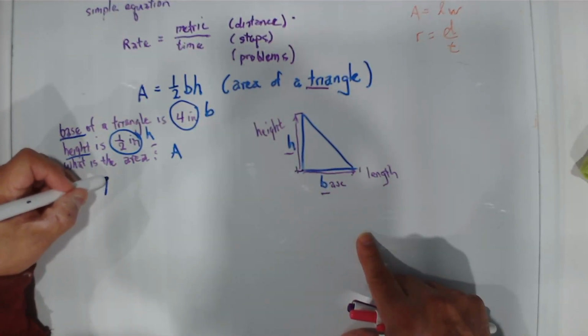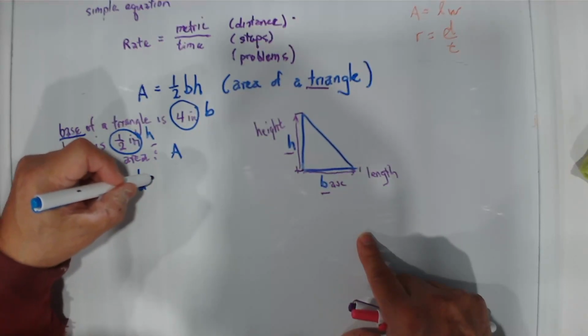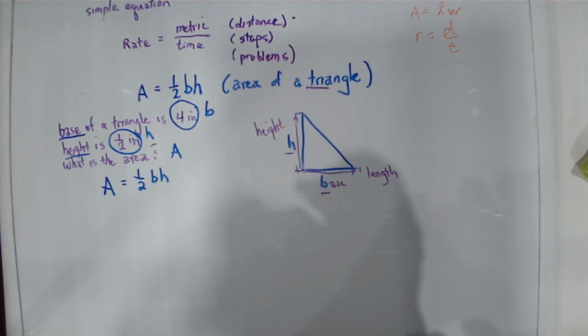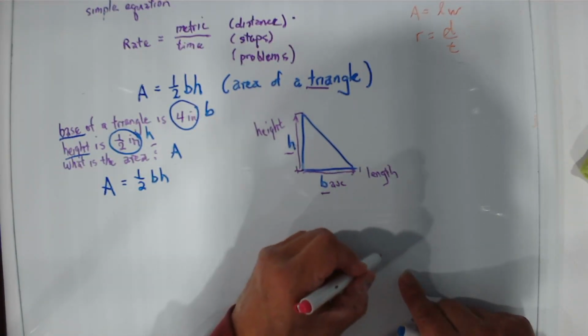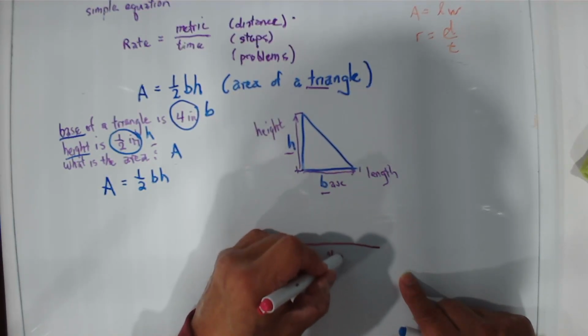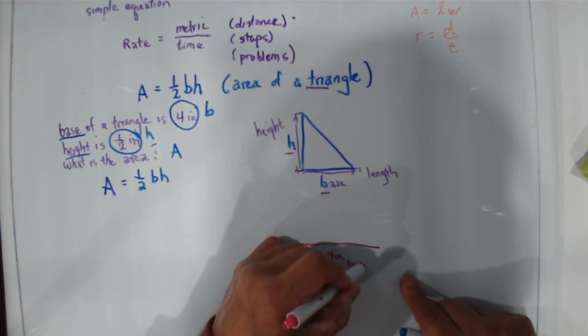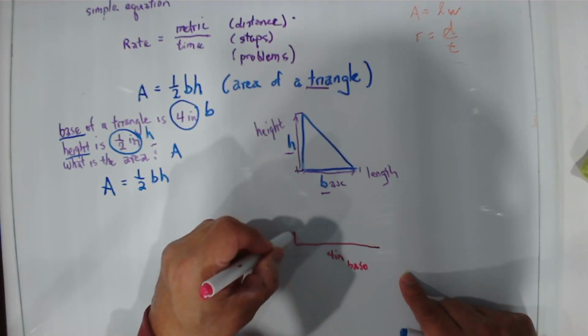So let's take a look at that. A is equal to 1/2 base times height. And let's draw a picture of that just so we can understand what that's going to look like. So if this is about 4 inches, and that's our base, the height is about there.